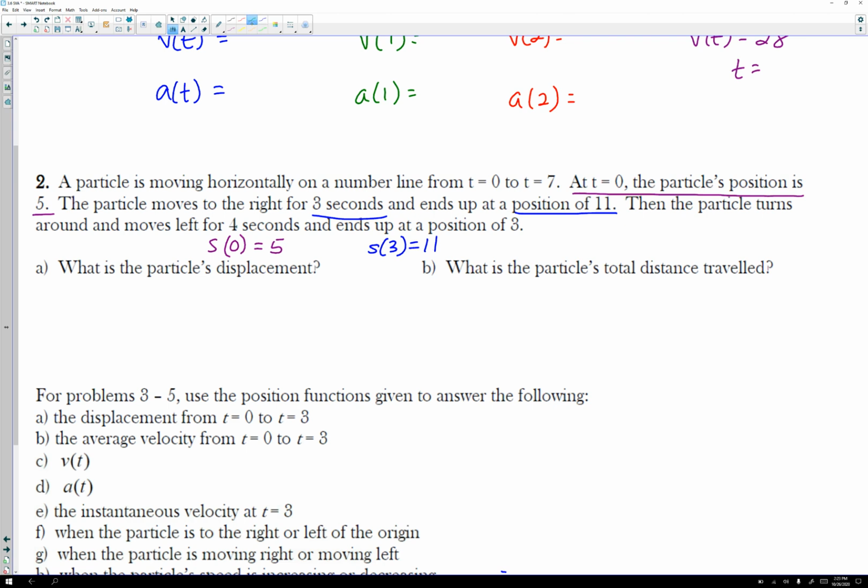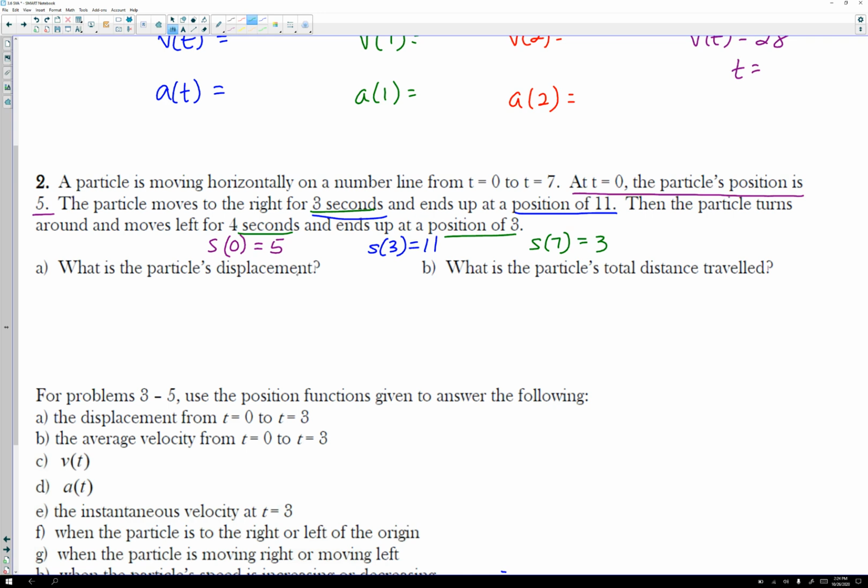Then the particle turns around and moves left for 4 seconds. So now we're at a time of 7, right? We're at a time of 7. So it's because it's the 3 plus 4, and that's now at a position of 3. So you know these things, okay? You know those.